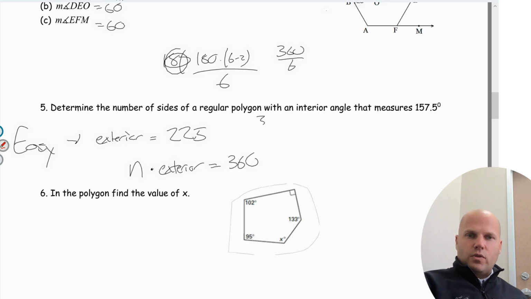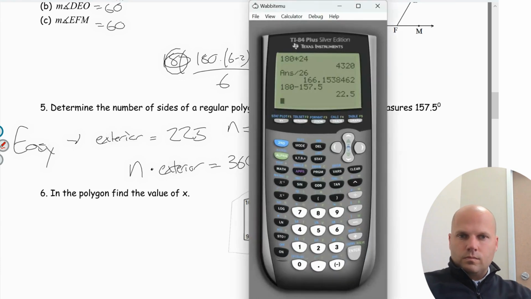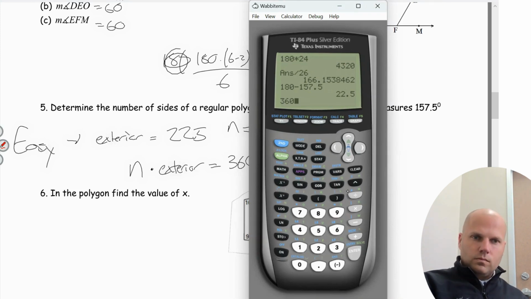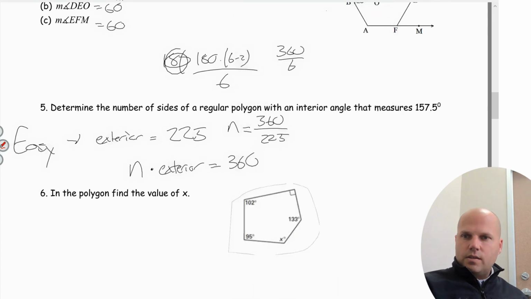Which means 360 divided by the angle will equal the number of sides. That's the easy way to do it. 16 sides.